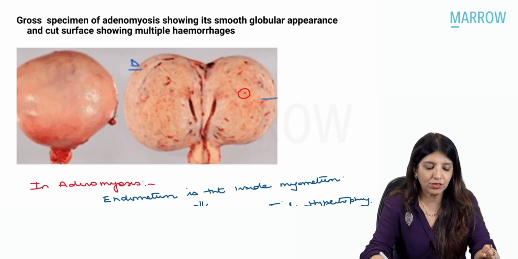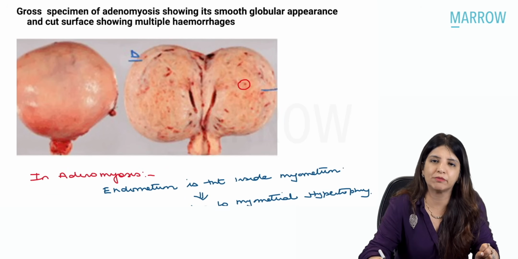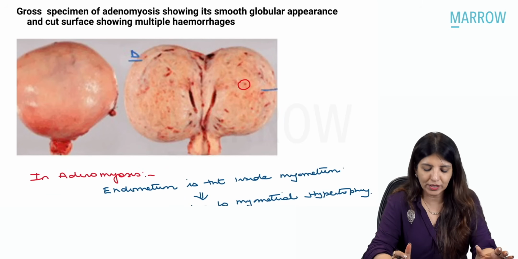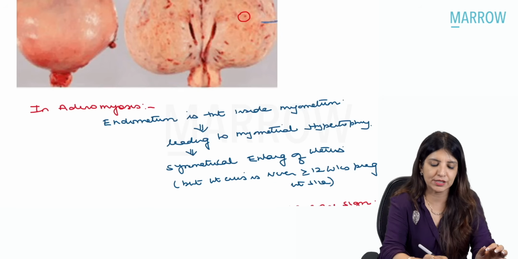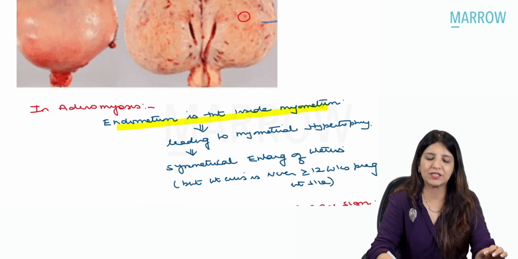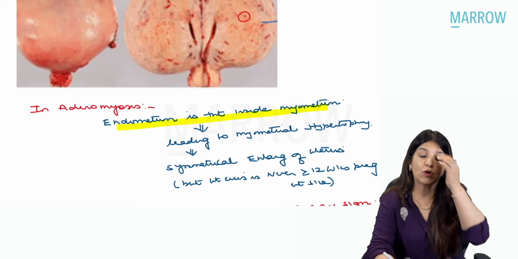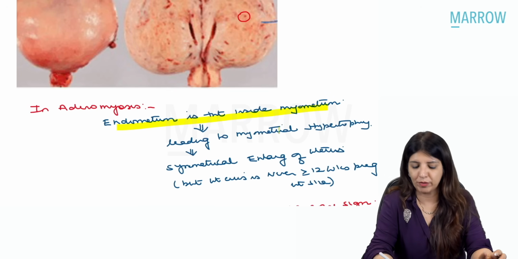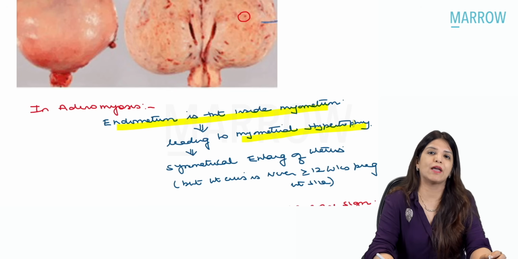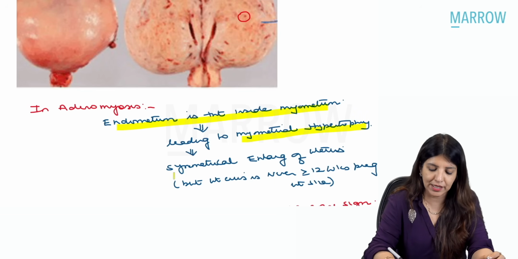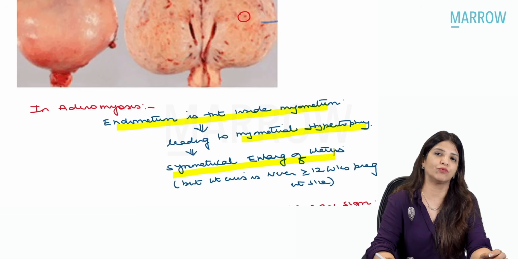Then this over here is a gross specimen of adenomyosis. What is adenomyosis? Adenomyosis is a condition where endometrium is present inside the myometrium. Because the endometrium present inside the myometrium undergoes hypertrophy, this leads to symmetrical enlargement of the uterus.